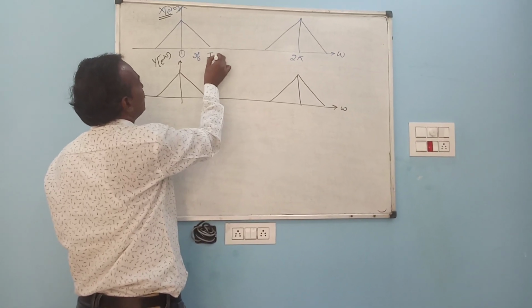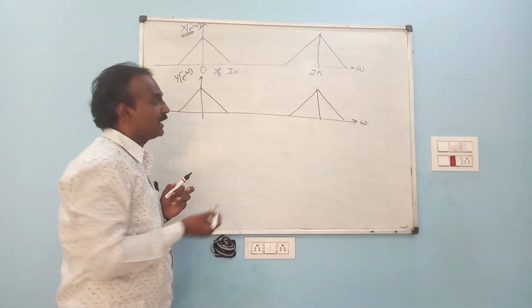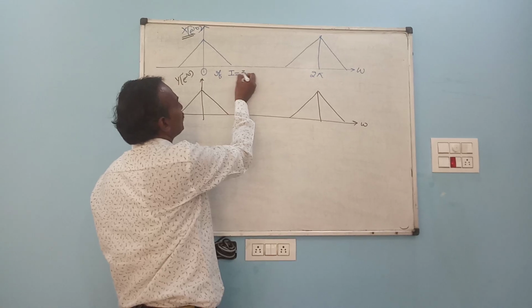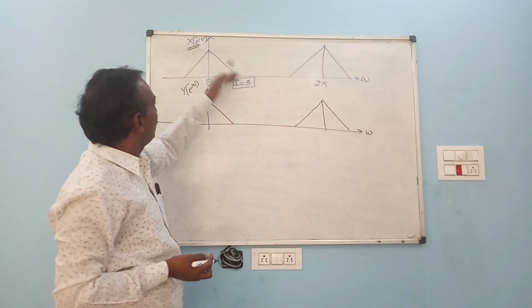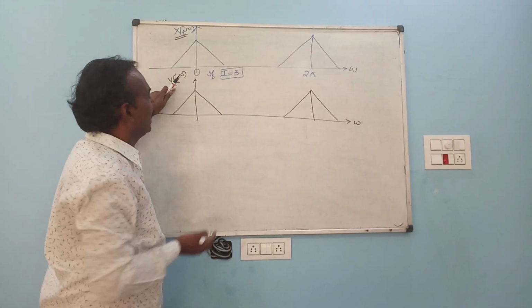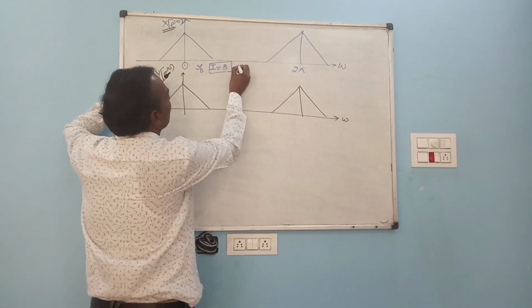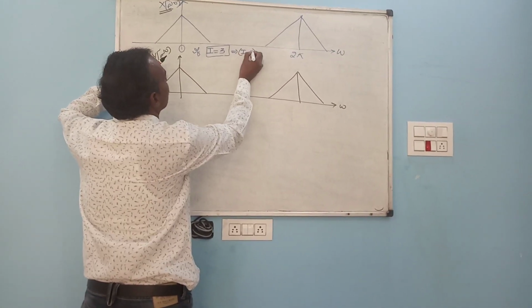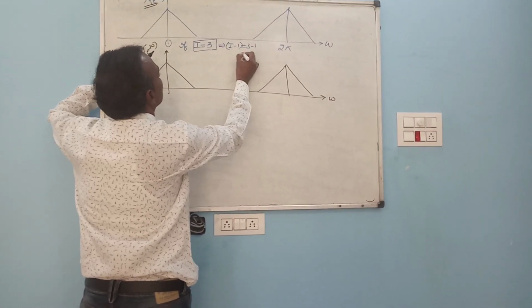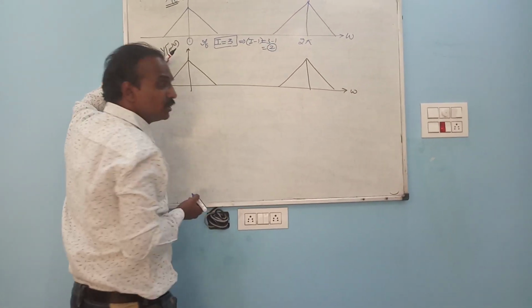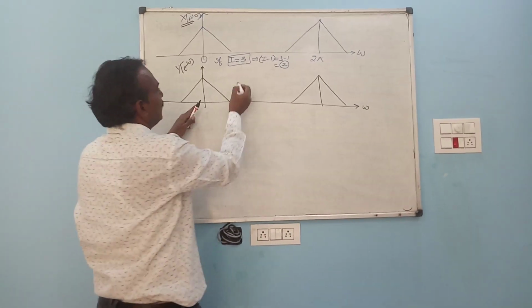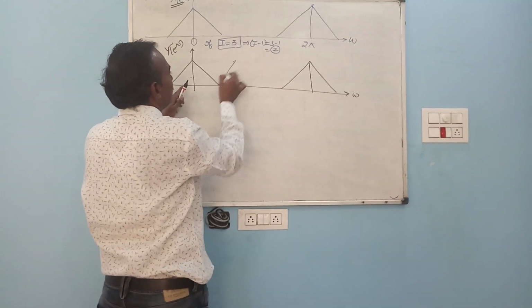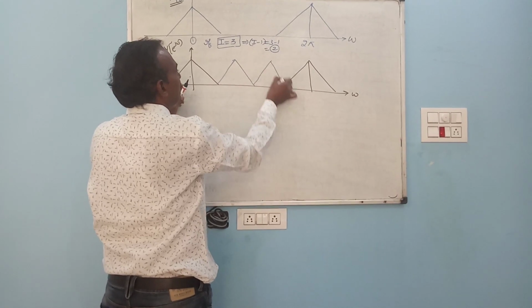Suppose the upsampling factor I is 3. In the spectrum of the output signal, we will find I minus 1, that is 3 minus 1, equal to 2 spectrums for the given signal. That means the same signal is repeated 2 times.